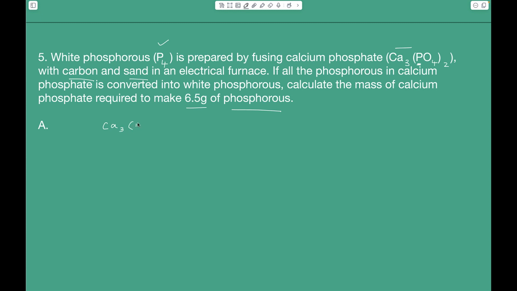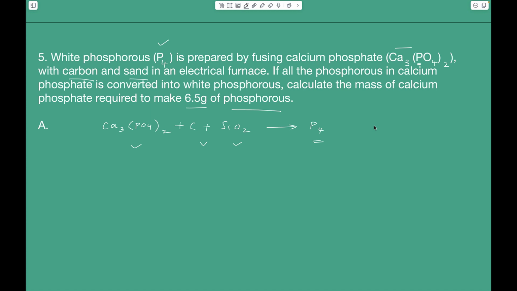So here we have three reactants, calcium phosphate plus carbon plus sand, which is nothing but silicon dioxide. So we know all the reactants of this reaction, but we know of only one product, that is white phosphorus. There must be some other products here, right?